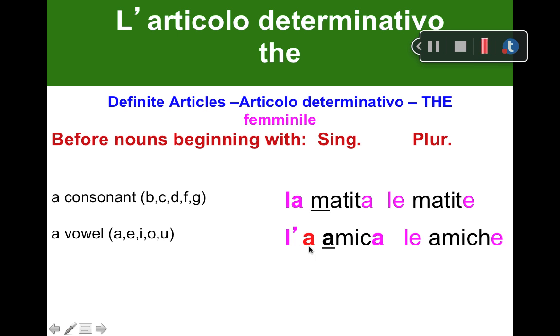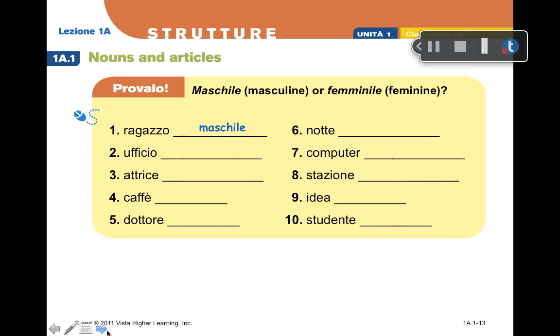Again, I put the a to make you understand that this is actually la, but because there are two vowels together, the first one falls. La amica, le amiche. It's very important to visualize this, because then it's easier to determine what kind of article I have to use in the plural.